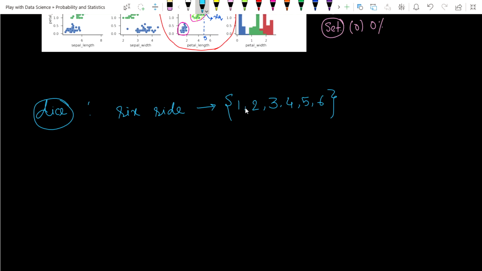If you throw it, there is an equal chance of any of these points occurring. So if you roll a fair dice, the main concept is fairness. If it is not fair, then the outcomes are not equally probable, not equally likely. Because this is a fair dice, the chances are equally likely.